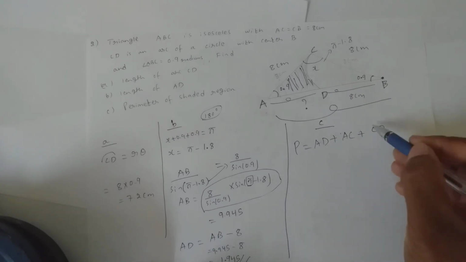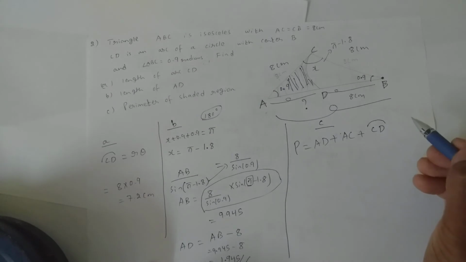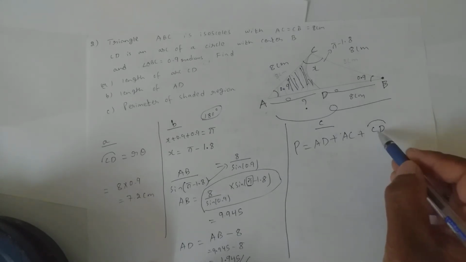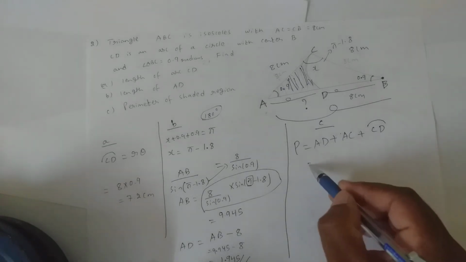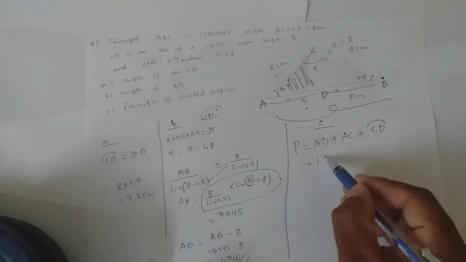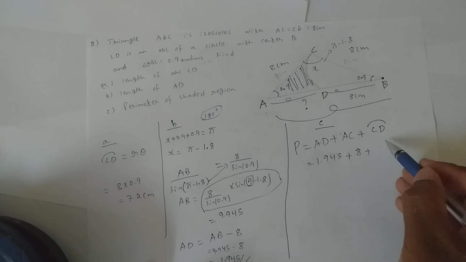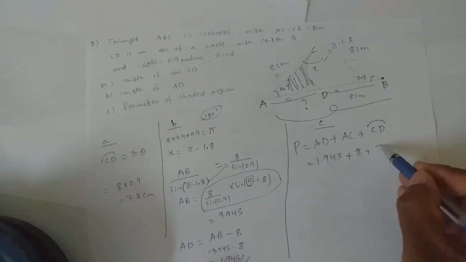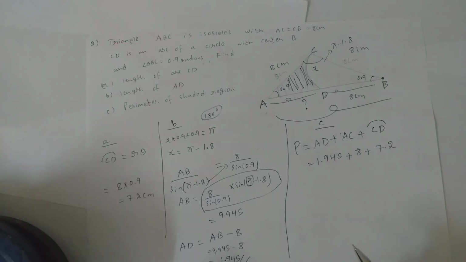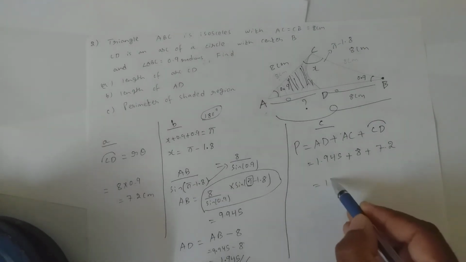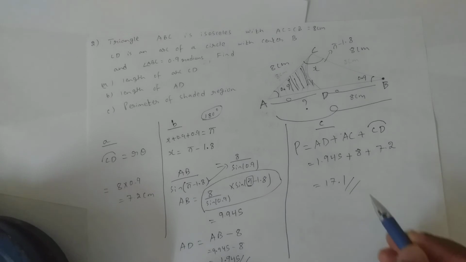So on the arc length, you should put this arc symbol that indicates it's an arc. So here AD I found to be 1.945. AC is 8. Arc length CD, how much did we get? 7.2 in the first bit. So if I add all of them, I get 17.1, which is my answer.